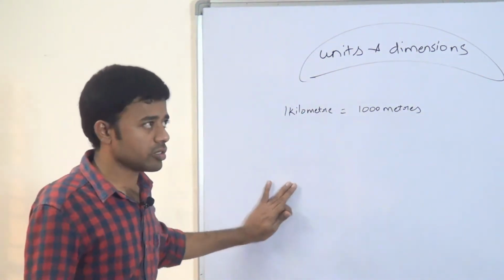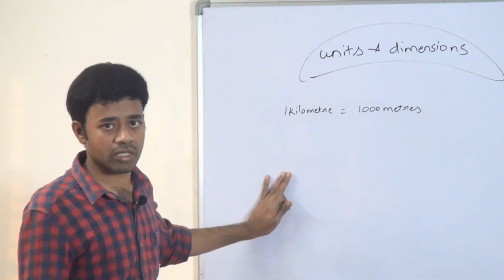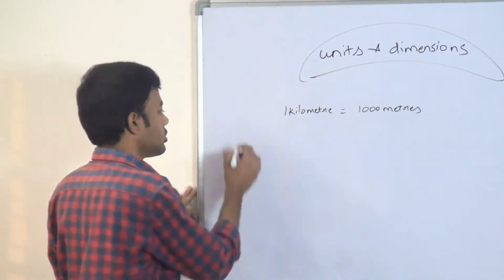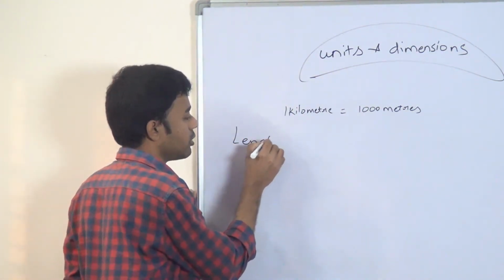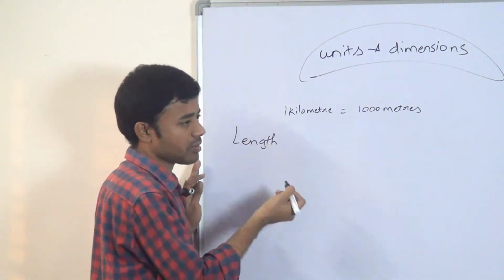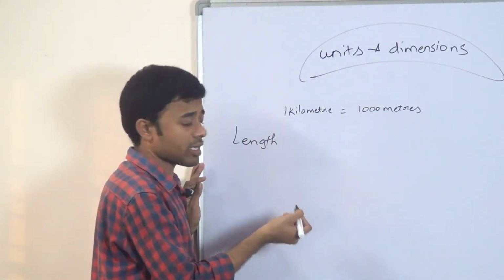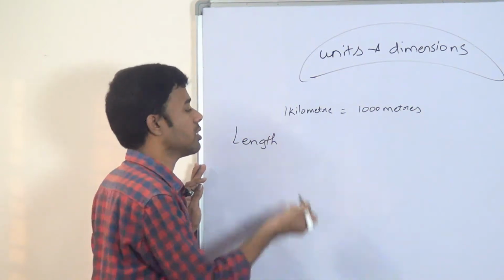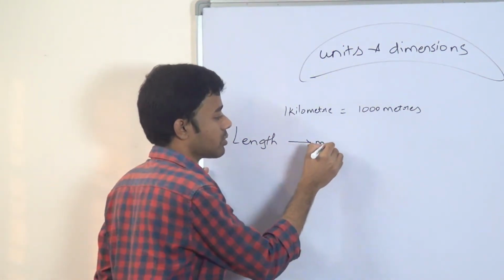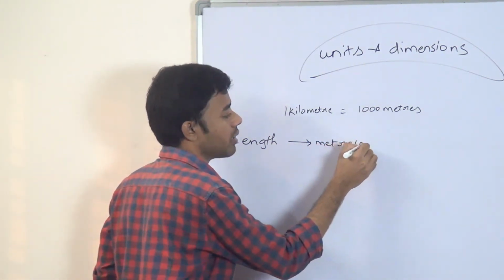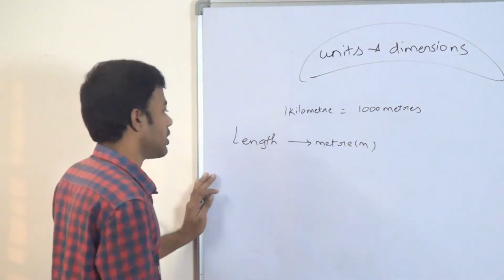So these SI units of these 7 fundamental physical quantities are as follows. If you take length, the length has the SI unit, that is the system of international unit, which is meter, indicated by small m. Next we have mass.